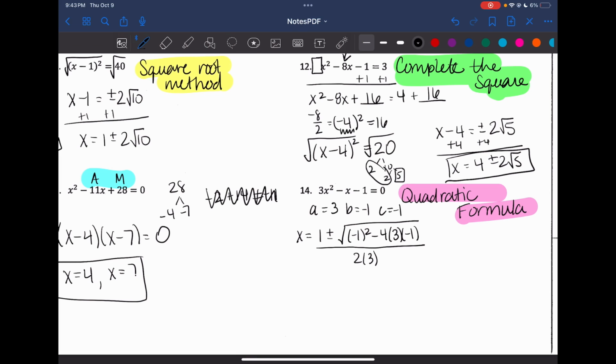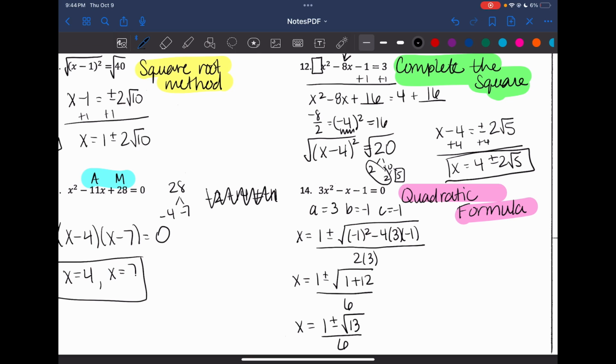Once you have that plugged in, you just simplify within the radical. So I'm going to rewrite. 1 squared is 1. -4 times 3 is -12, times -1 is +12. All over 2 times 3, which is 6. Simplify one more step. x equals 1 plus or minus the square root of 13 over 6.